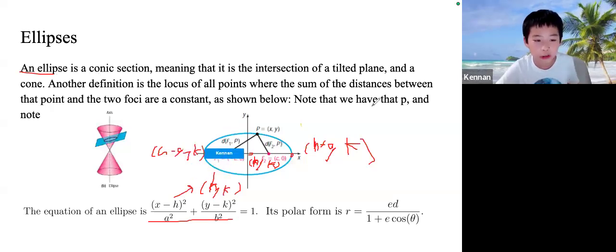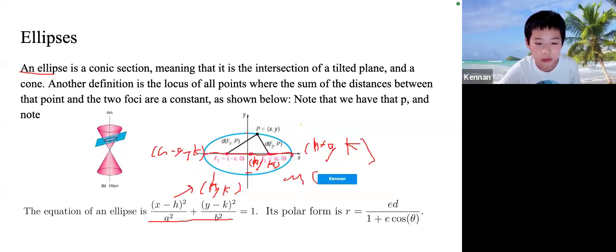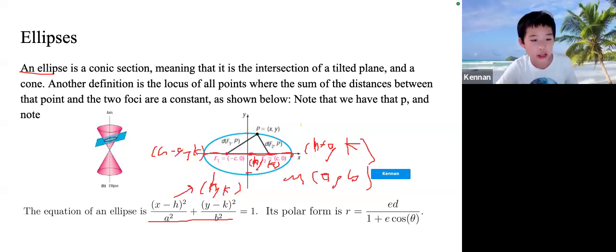And similarly for these two. Usually we take the major axis to be whichever is the maximum of a and b, and that's where the two foci are on.